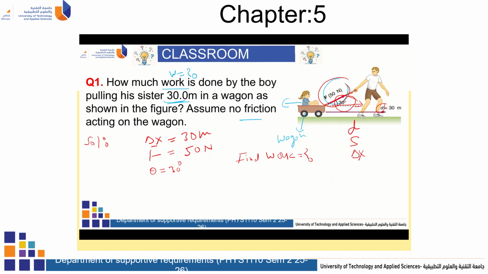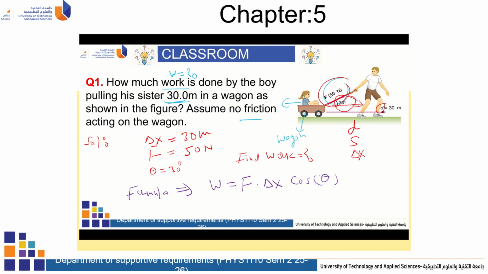So we have to use the formula. The formula for the work is W equal to the force multiplied by the displacement and multiplied by the cosine theta.